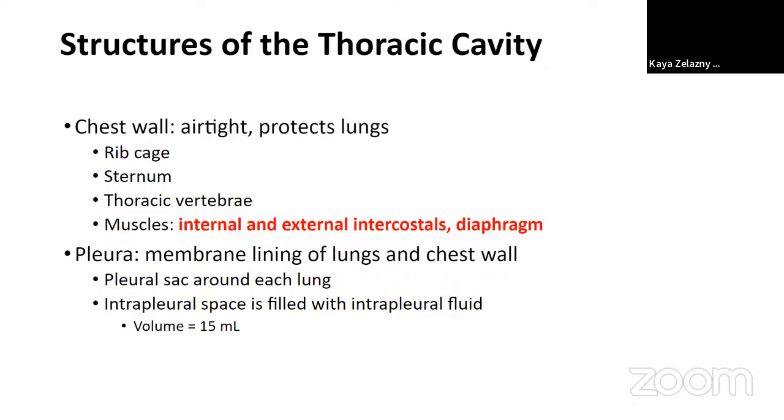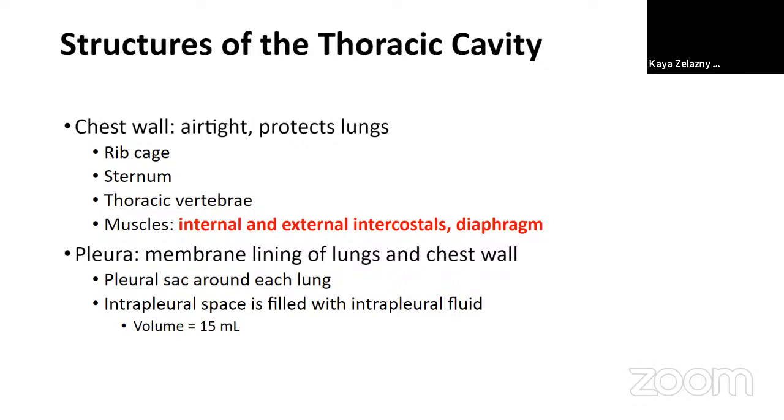As we move forward and start to talk about inspiration and expiration, we're going to be tracking pressures in the thorax and how they affect pressures in the alveoli. So in order to do that, we need to remember or learn what the structures of the thorax are. The thorax is your chest. So your chest wall, airtight, hopefully, right? Don't have holes all the way through your chest wall.